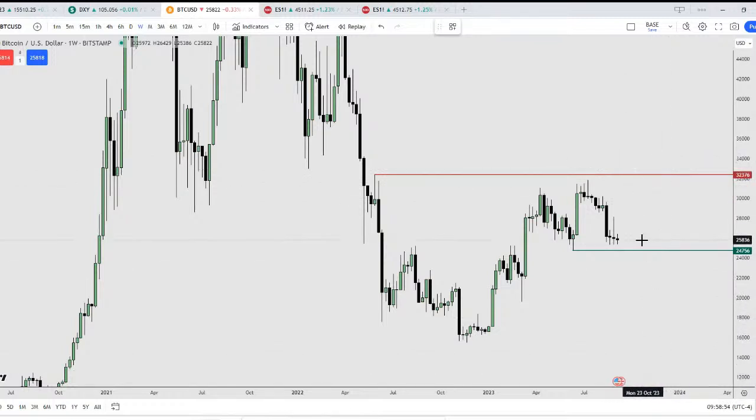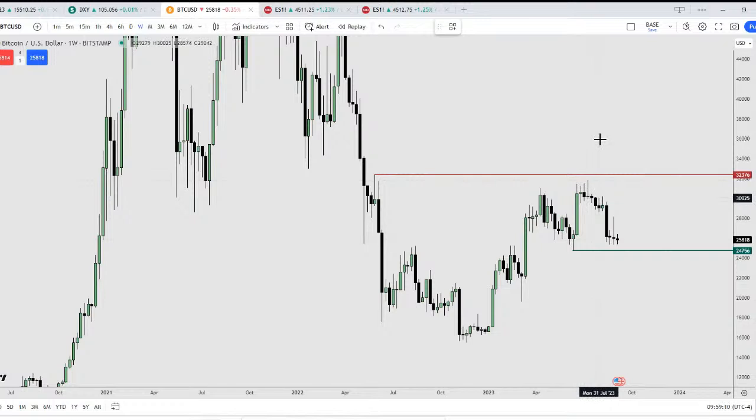Okay, that is for Bitcoin. But do keep in mind that on the futures chart, this high here has tapped into this high here. Okay, so just take note of that.